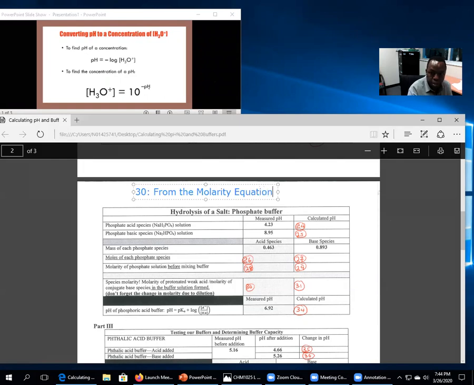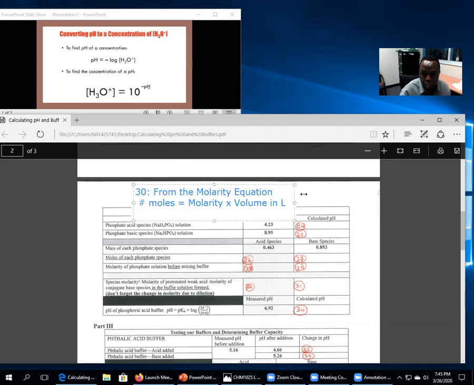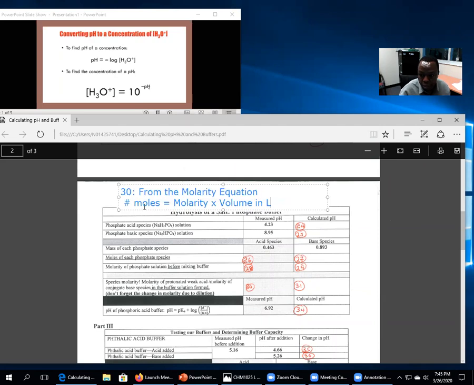Okay, you know, number of moles equals what? Molarity times volume in liters, volume in liters. So that's what I'll put in there as the equation.